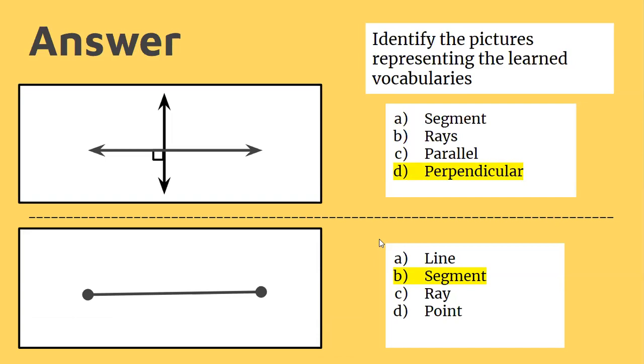And then the next image, the answer is B, segment. So it's pretty obvious. Two points connected by a line. Next images, I mean.